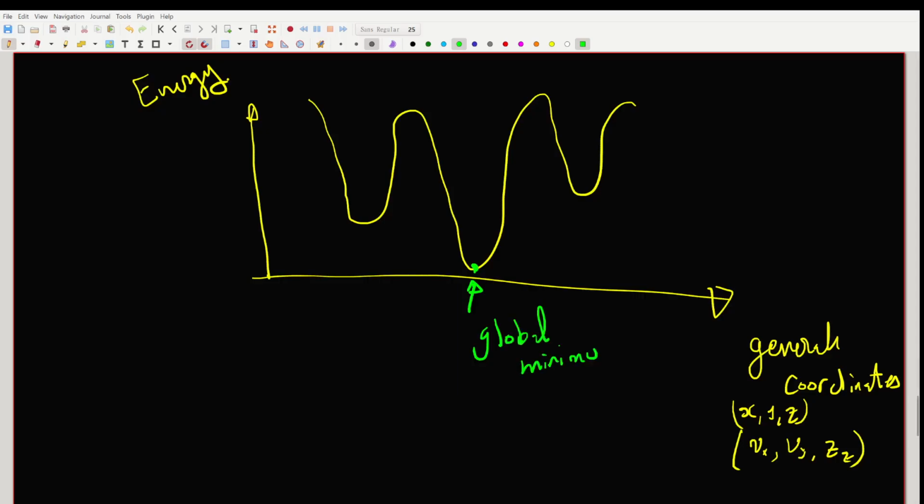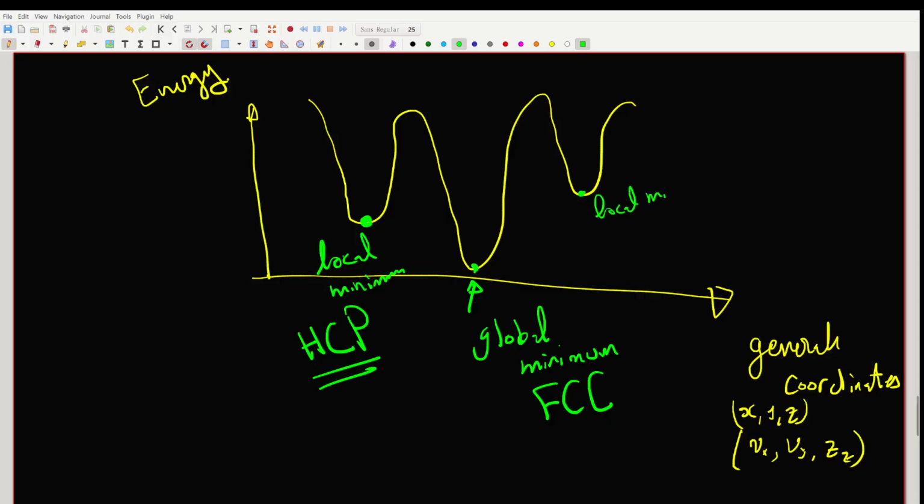For example, if you are studying simple crystals or simple metals, this could be FCC, face-centered cubic. You might have a local minimum here. This could represent a hexagonal close-packed crystal. And you might have another local minimum or several local minima. So this is another local minimum here. This could, for example, represent the BCC crystal structure.